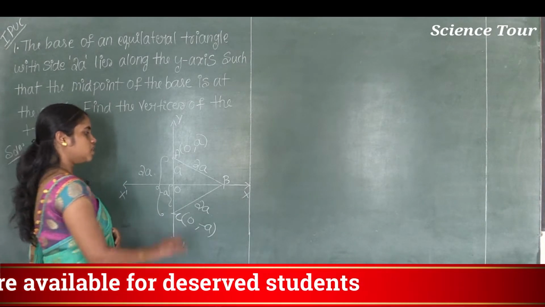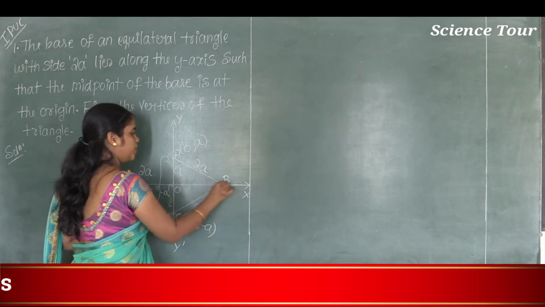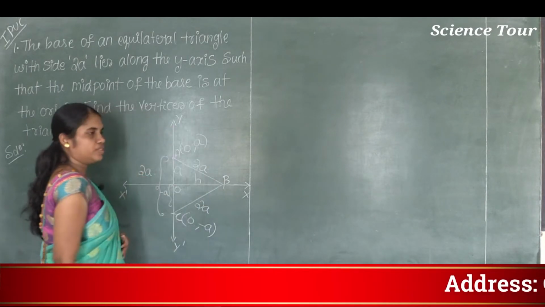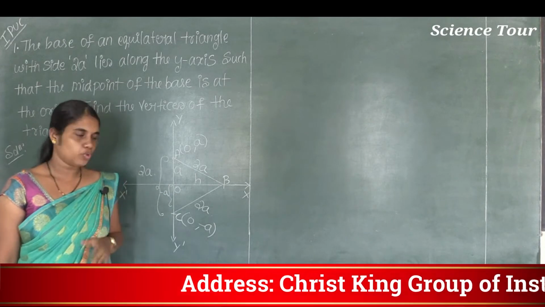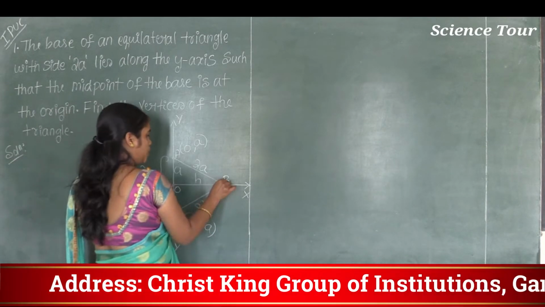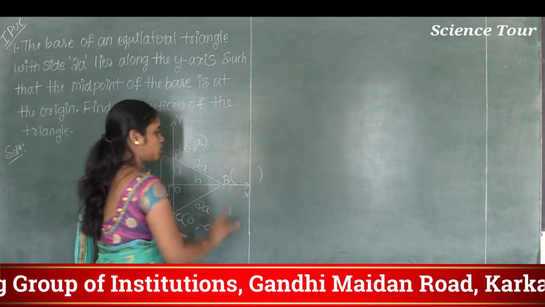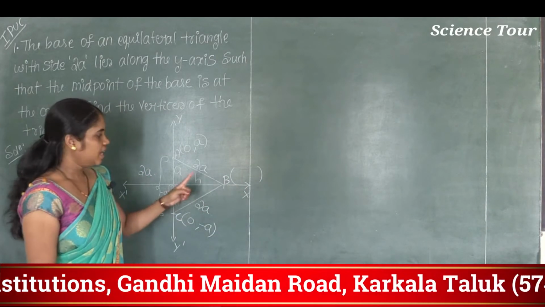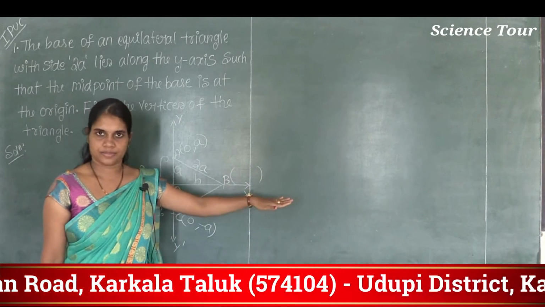See here, OB, from the figure you can observe, OB is nothing but the height of the triangle. So I'll represent it by the letter H. If OB length is H, now tell me what is the coordinate of this point B. Again, you can observe here point B lies on the x-axis, isn't it?